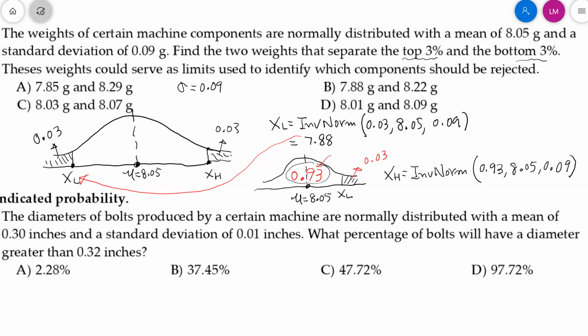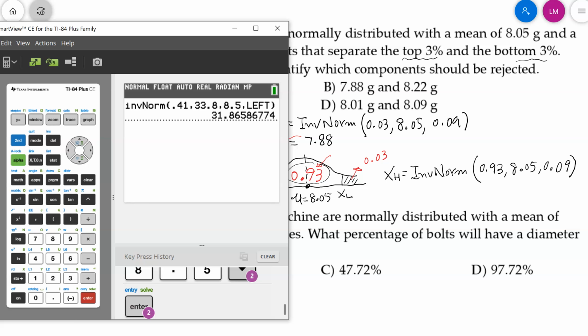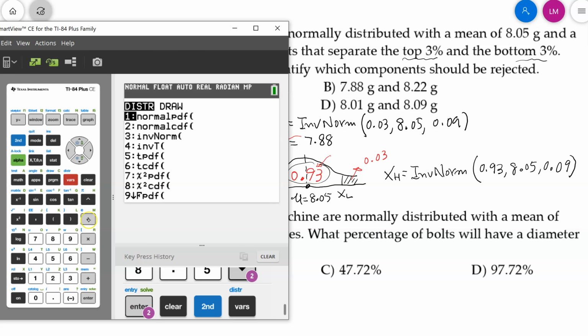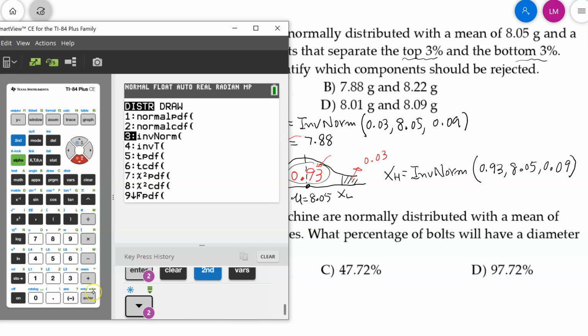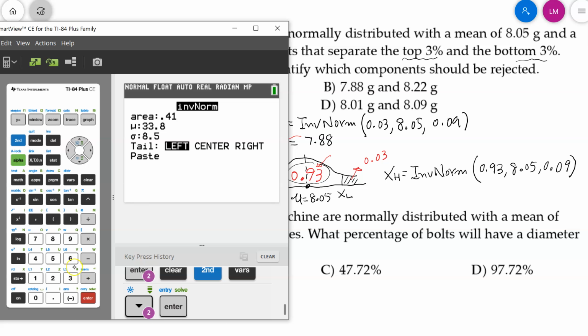Okay, if you put that in the calculator: second, bars, go to number 3, and then area 0.93, mu is 8.05, and then 0.09, and then left.